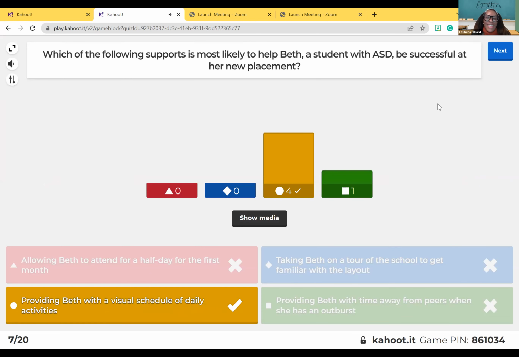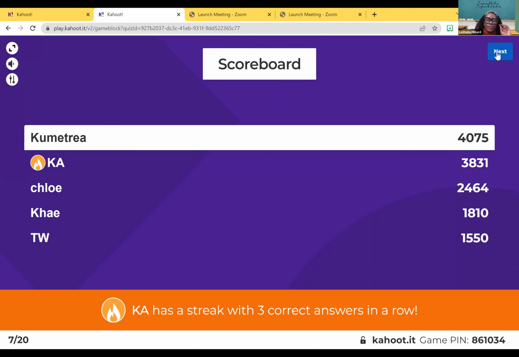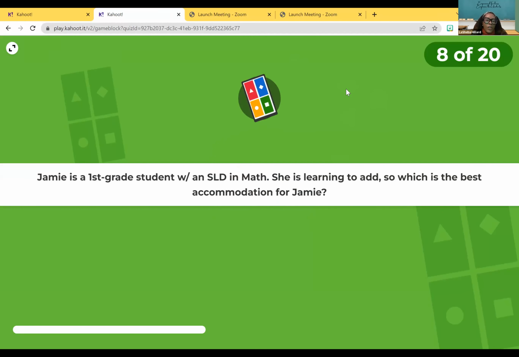Good. So yeah, a student with ASD needs a visual schedule. We talked about beforehand that students with autism need to be consistent. They need to have some type of daily routine to help them be successful. All right. So Jamie is a first grade student with SLD in math. She's learning to add.